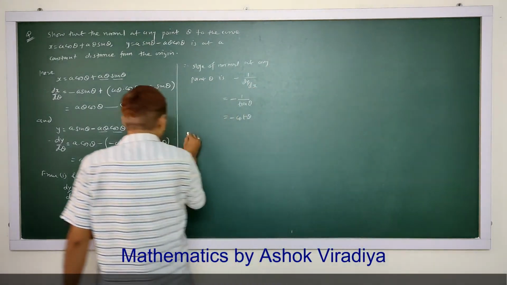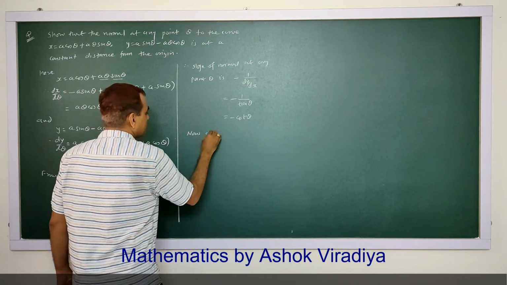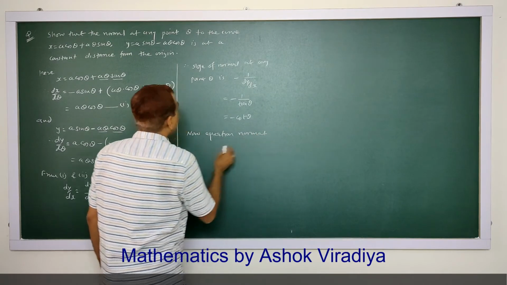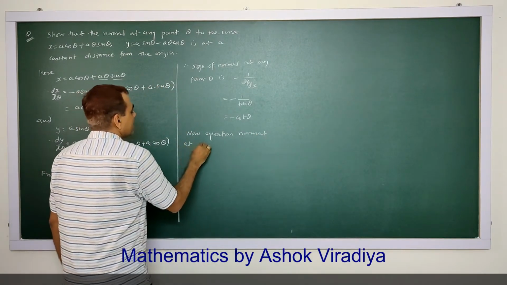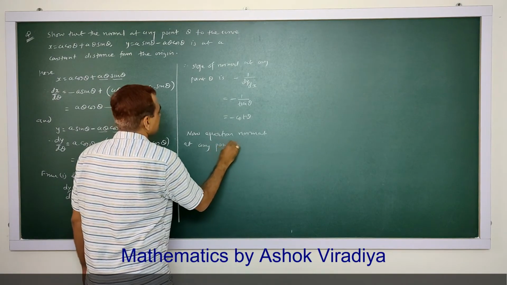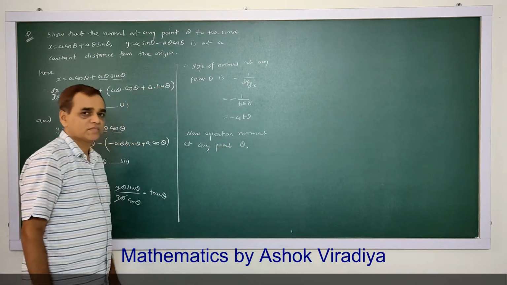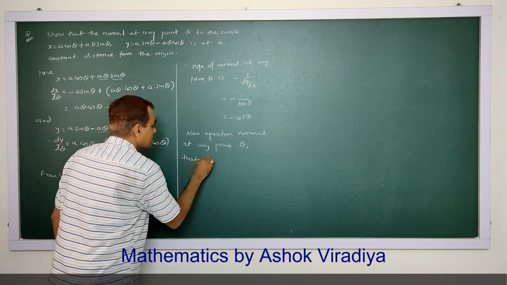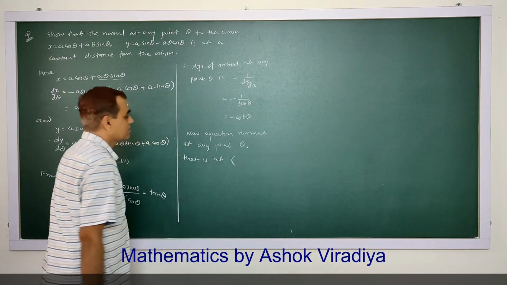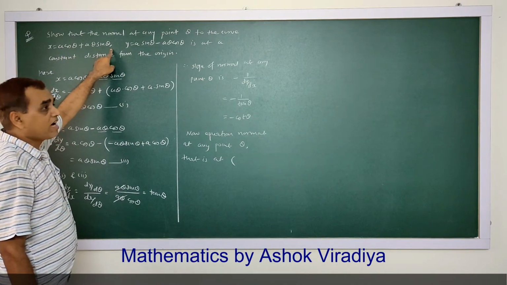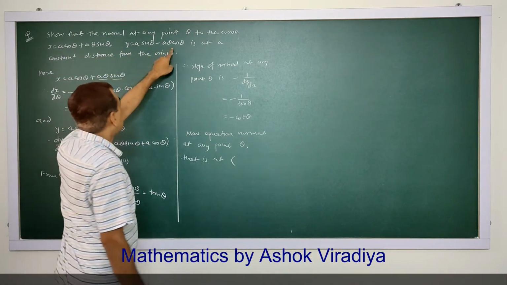Now the equation of normal at any point theta, that is at, so this is the x coordinate of the theta point and this is the y coordinate of the theta point.